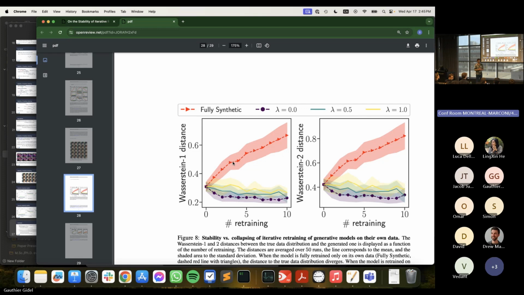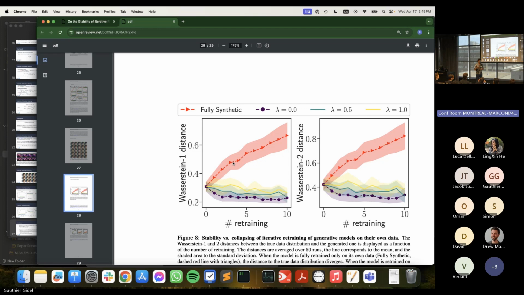Yes, Ariane. What would be the dynamics if you do resetting, or you have a moving average of your previous models, let's say a uniform average over the previous ones?